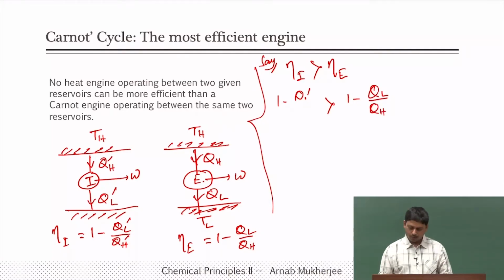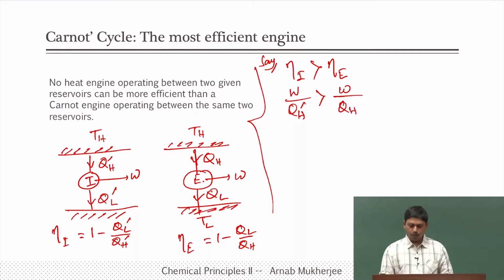Or to write it in a different way, the efficiency of the irreversible engine is the work output by the heat input QH prime, and let us say it is greater than that of the Carnot engine. Remember that we have adjusted the heat input and output in such a way that the work is the same. You can always do that.